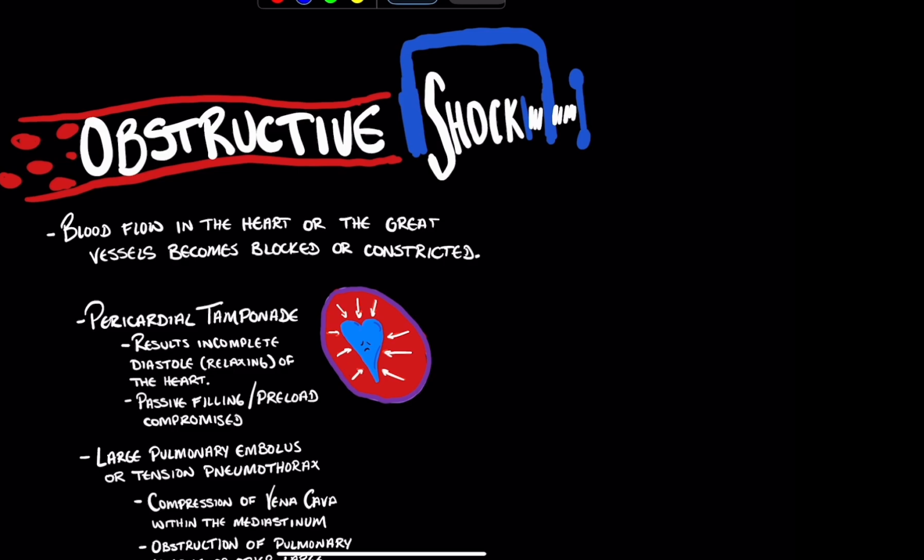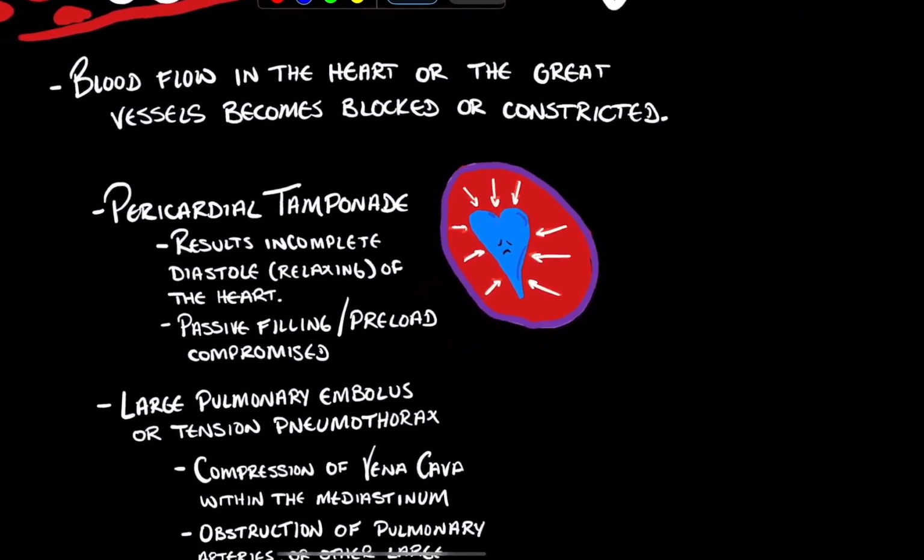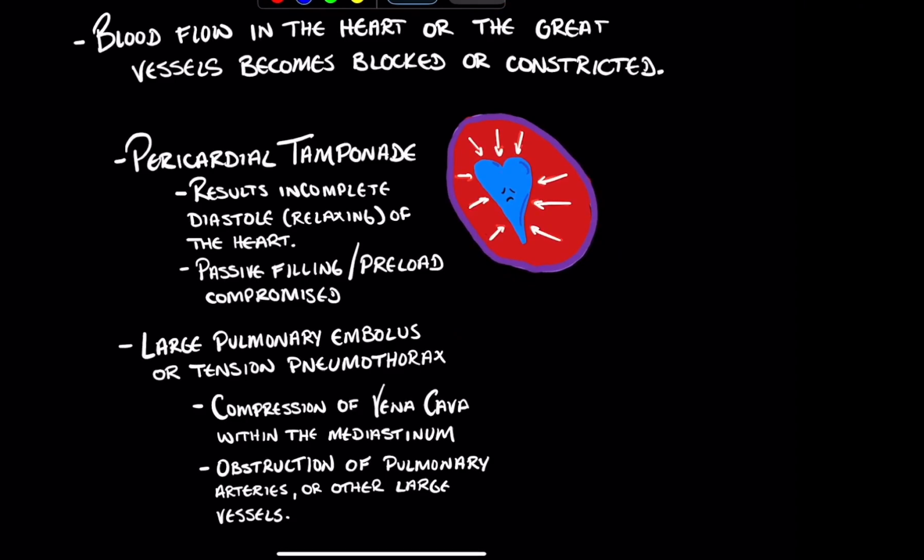But basically what we're looking at with obstructive shock is a blockage or a constriction of the heart or the blood vessels that feed the heart. And this is going to inhibit the heart's ability to pump blood or to actively fill with blood and appropriately pump it out. So one of the big ones we've discussed before briefly is pericardial tamponade.